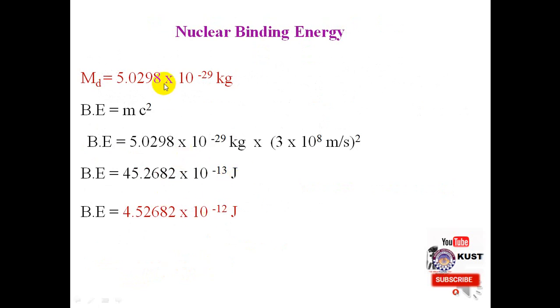And from this we can calculate the binding energy. Putting in the value of the mass and the value of c squared, we get the binding energy for helium as 4.52 × 10^-12 joule.